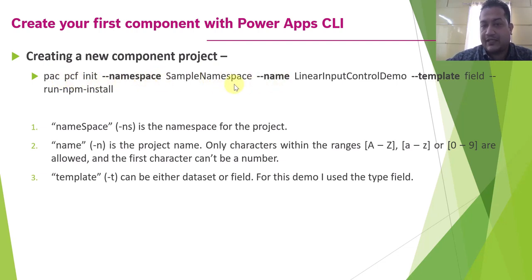This is the namespace name which you can provide, then any name you can provide, and then the template. If you remember, I talked about the two types of templates which can be created in PowerApps Component Framework. One is the field type and another is a dataset. So we are using this command to create our component project.